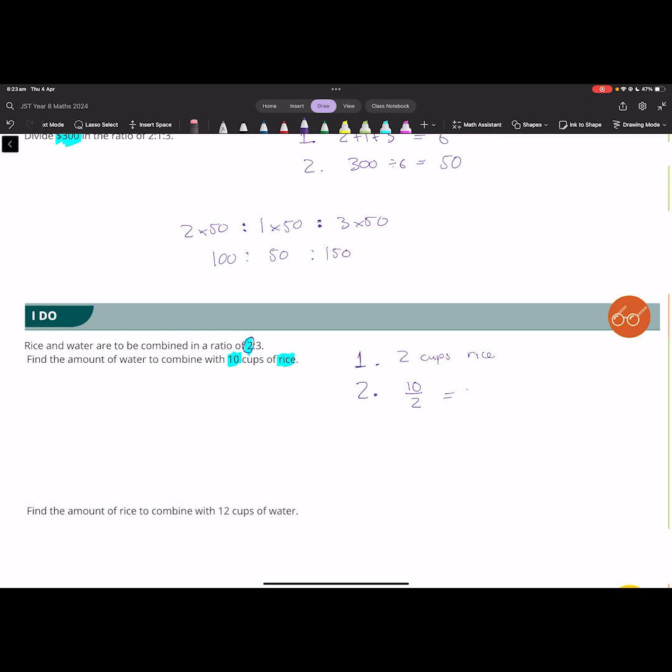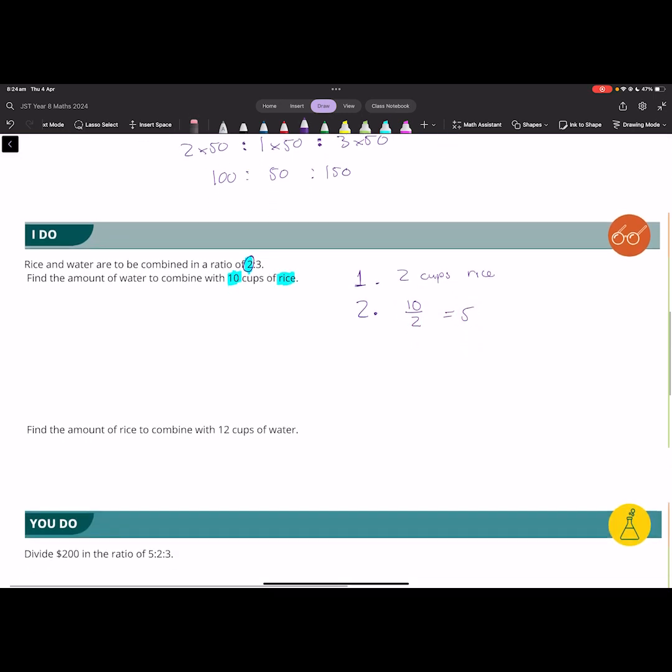So in this case, this piece of information that we've worked out here, 5, is still the value of 1 part of the ratio. So now we can work out that for every 10 cups of rice, we have 5 times 3 cups of water, or 15 cups of water.